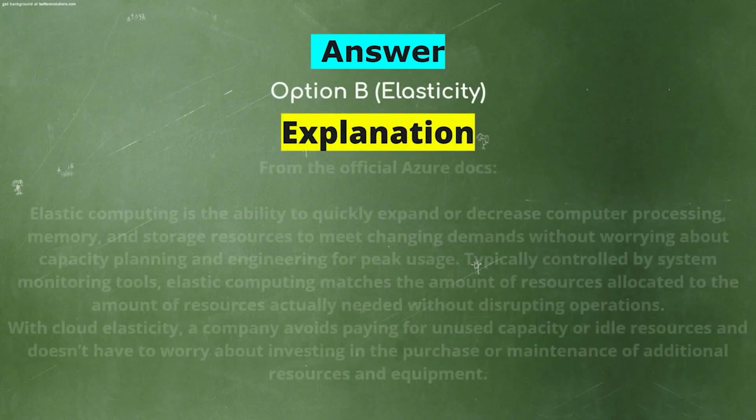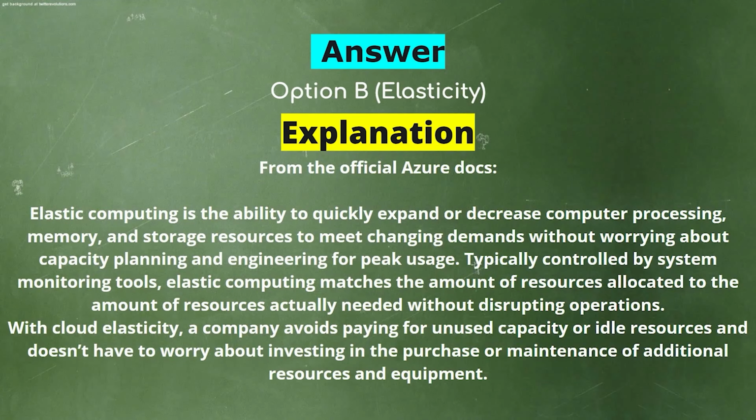Explanation from the official Azure docs. Elastic computing is the ability to quickly expand or decrease computer processing, memory, and storage resources to meet changing demands without worrying about capacity planning and engineering for peak uses.